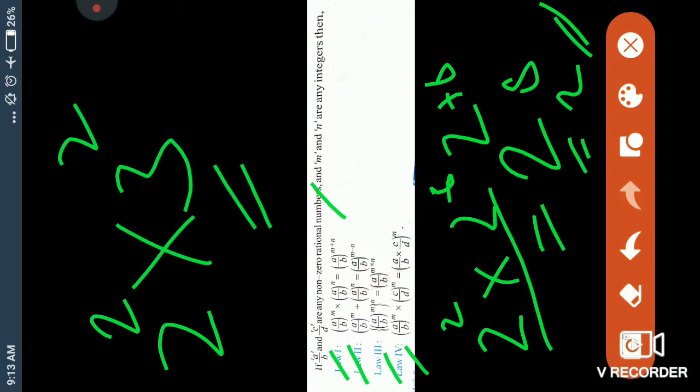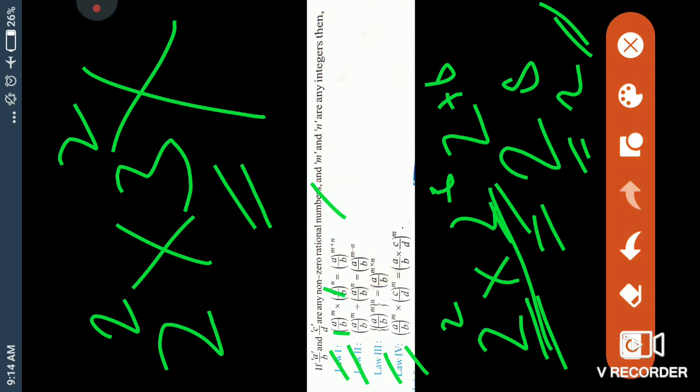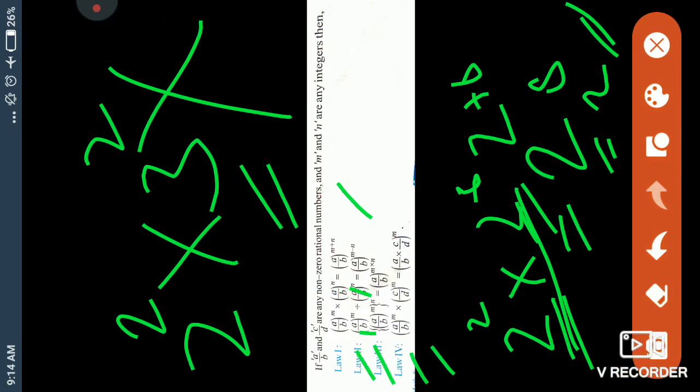You can't solve it; that is wrong. The formula is valid only when both bases are equal, like a/b and a/b. Understand?